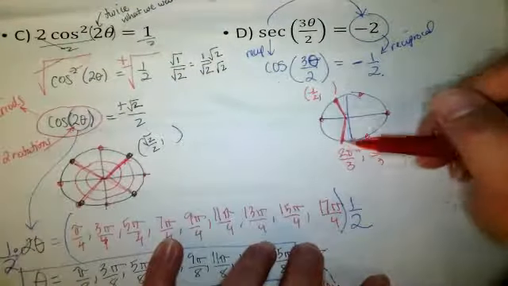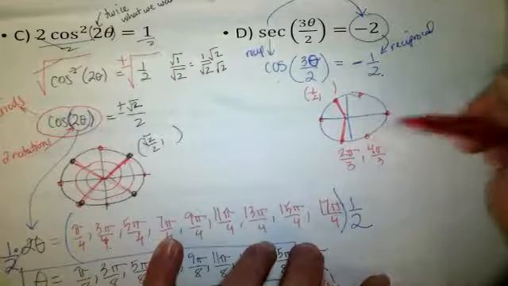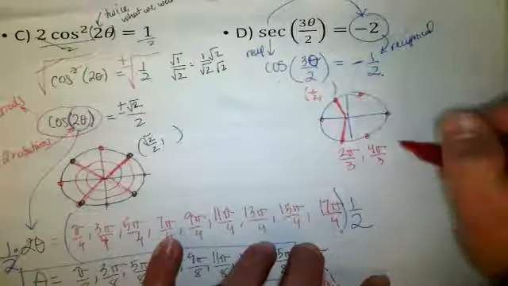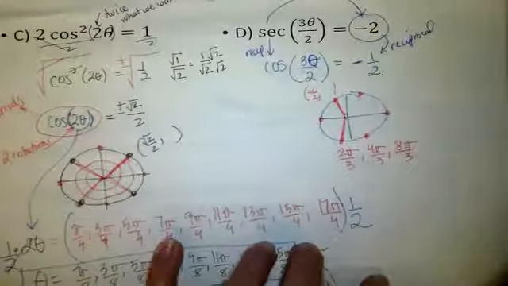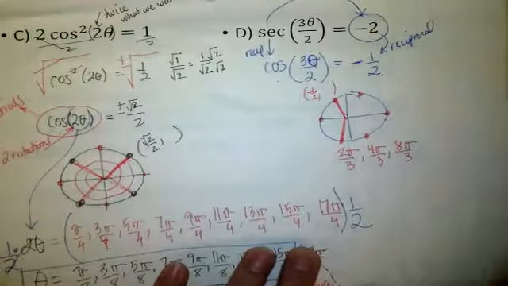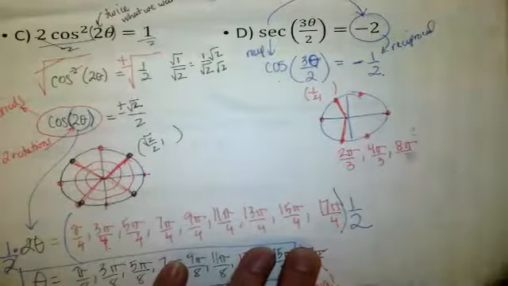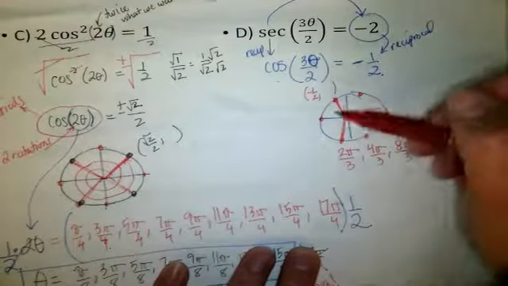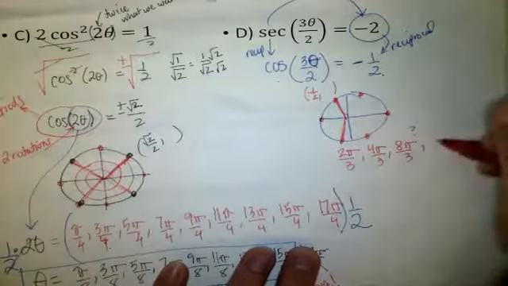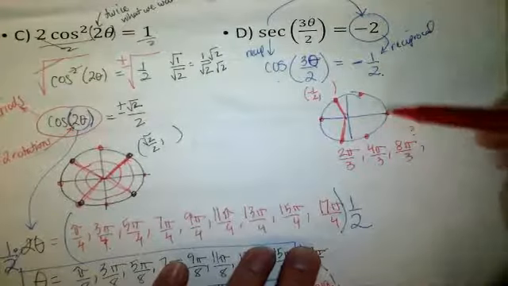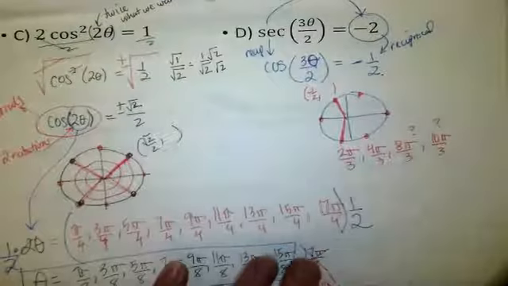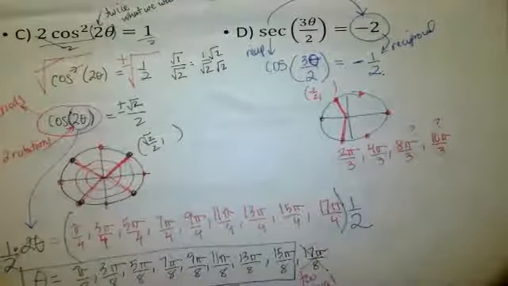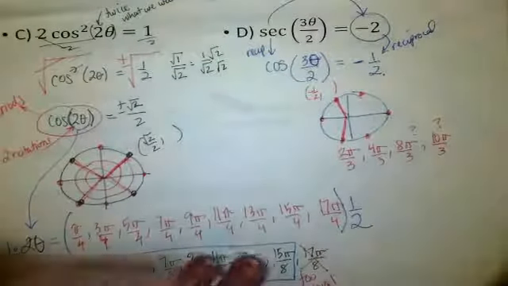So this was 4 pi over 3, 5 pi over 3, 6, 7, 8 pi over 3. Is that right? Yes. If I really wanted to be sure, I could keep counting 8, 9, 10 pi over 3. Maybe, I don't know if I need it. So I just wrapped around a couple times just in case.